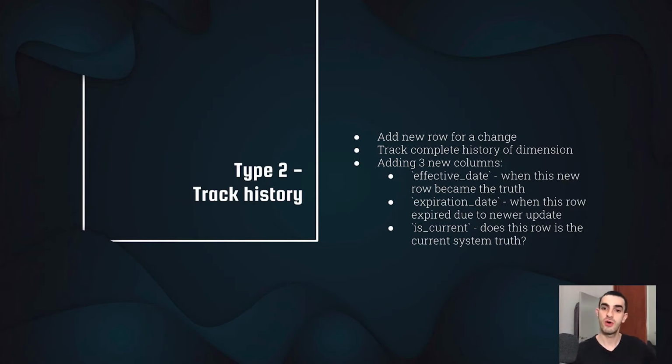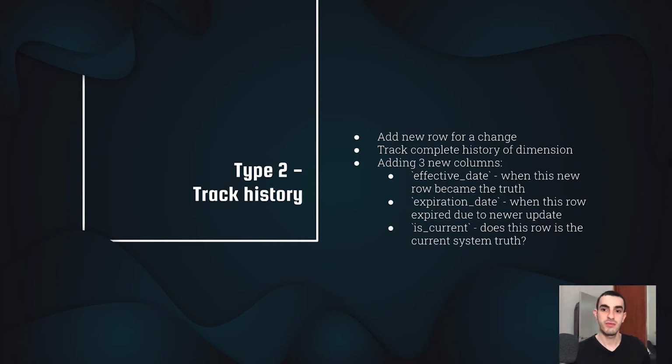So the 3 new columns we add is first, effective date. Effective date is the date in which the new row of data became the truth. So let's say we change some field in a row. So we add a new row and we change it in May 2012.